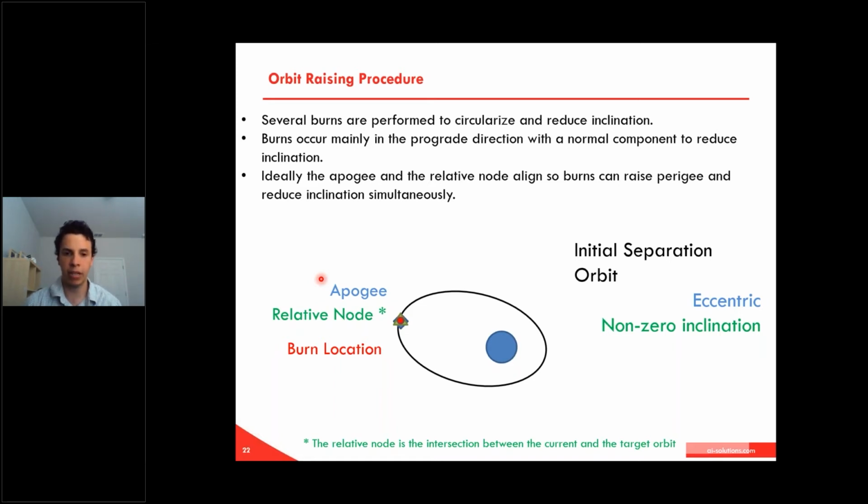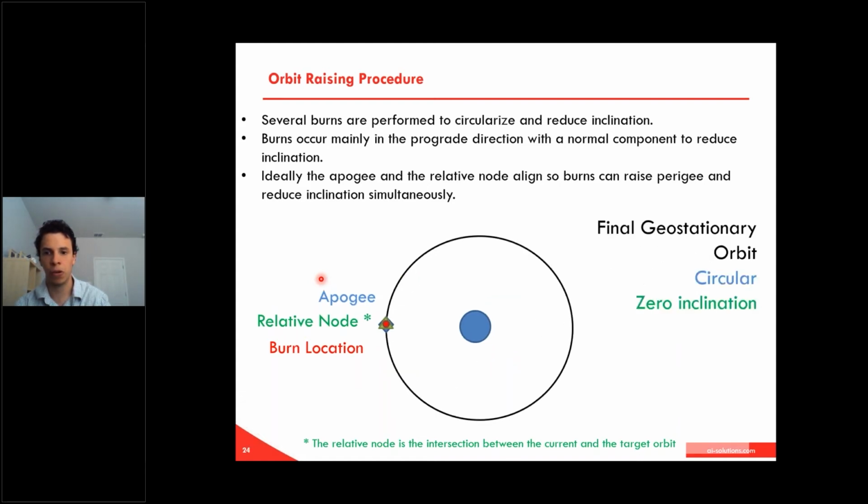The orbit itself is designed so these both will align, and by burning at that location, we can both reduce the eccentricity and the inclination to 0. We're starting at a 0 inclination and a circular orbit.